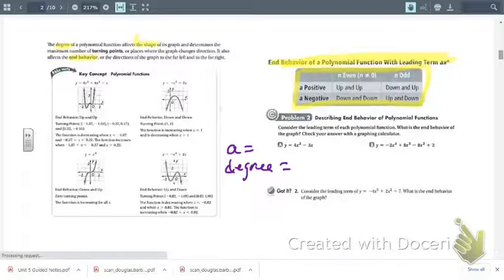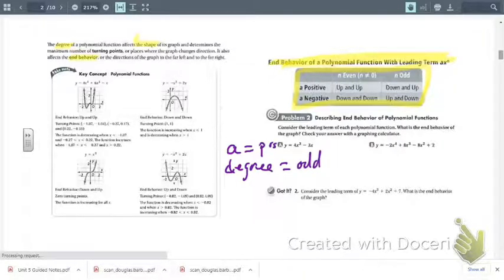So our A is the coefficient of our leading term. So our A is going to be 4. Is 4 positive? The answer is yes. So A is positive. And then our degree, what's our degree? It's 3, and that is odd.